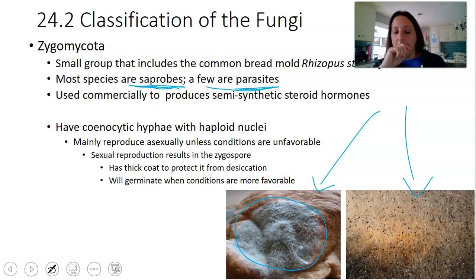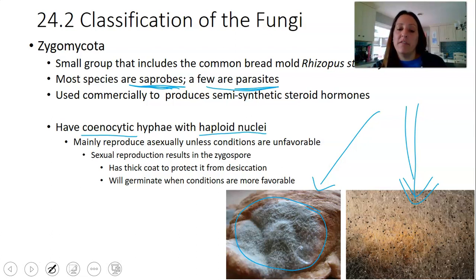If we were to take a look microscopically at their hyphal strands, they are coenocytic, so there are no septa dividing their cells, and they spend, again, most of their life cycle as haploid organisms. They will reproduce asexually, and so right here on this side, these are sporangia. Those are the products of asexual reproduction.